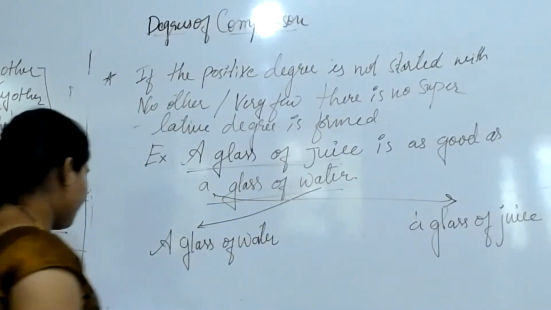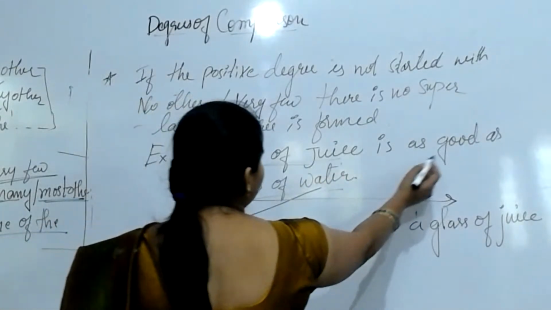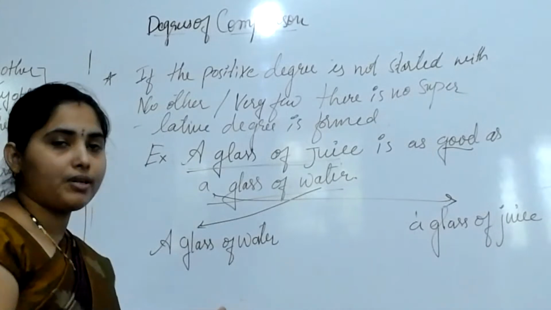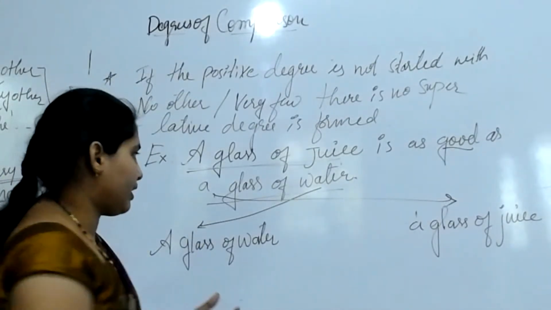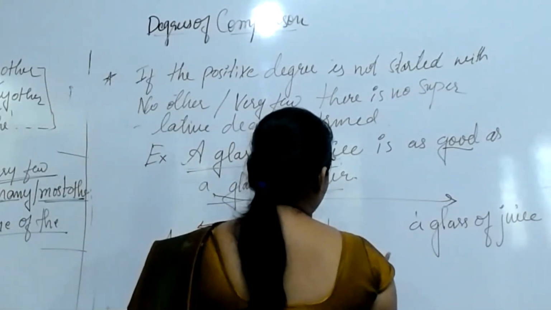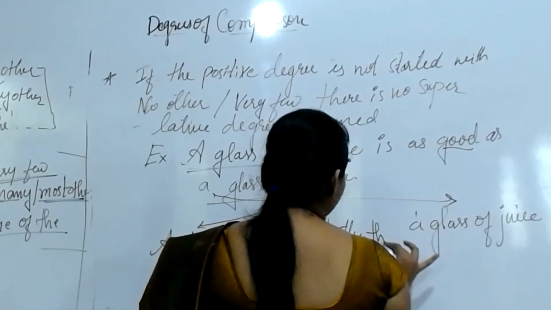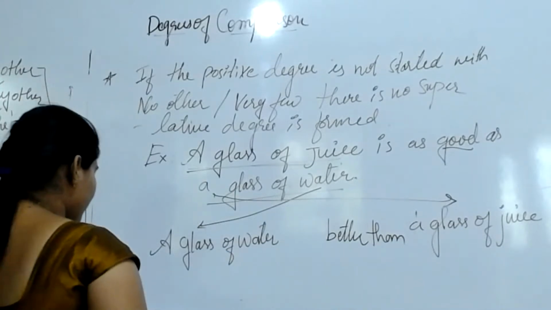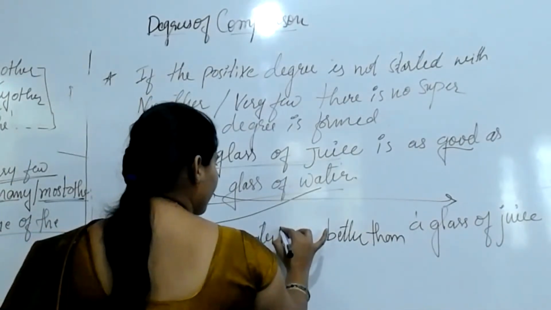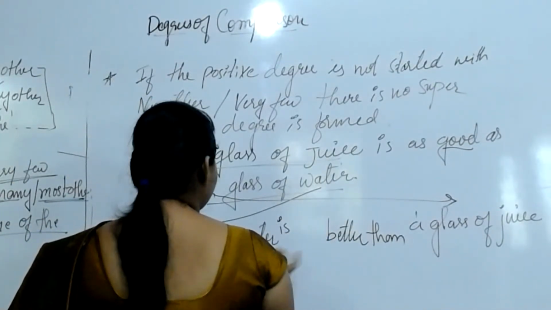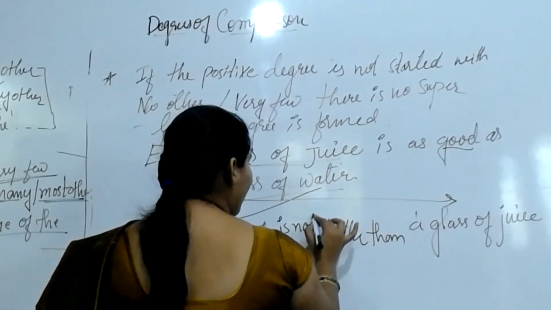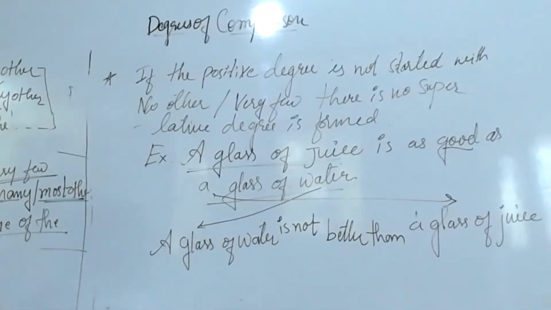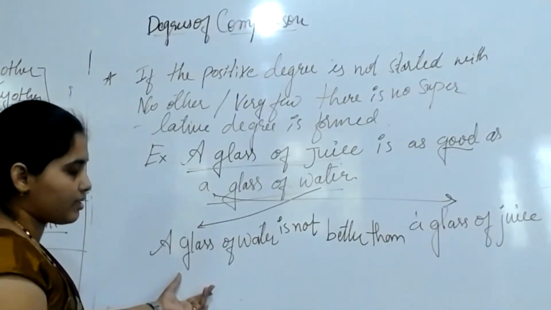And what you have to follow here is, good is an exception case, it is irregular. Good, what is the comparative degree? Better. Better than. A glass of water is not better than a glass of juice. This is how you have to change in these cases.